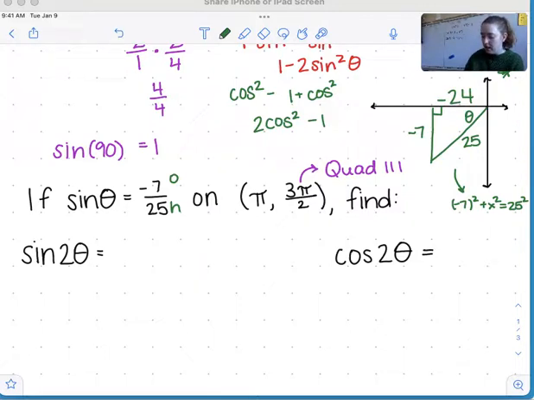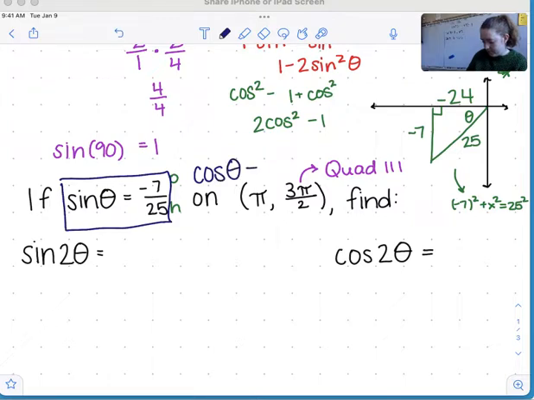Okay, cool. This is just something that I do because it helps me out. I like to have somewhere that I know sine is negative 7/25, and then also cosine, adjacent over hypotenuse, is going to be negative 24 over 25.